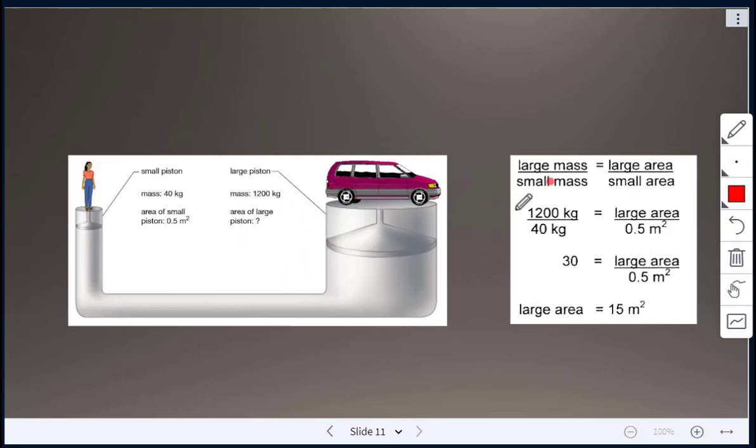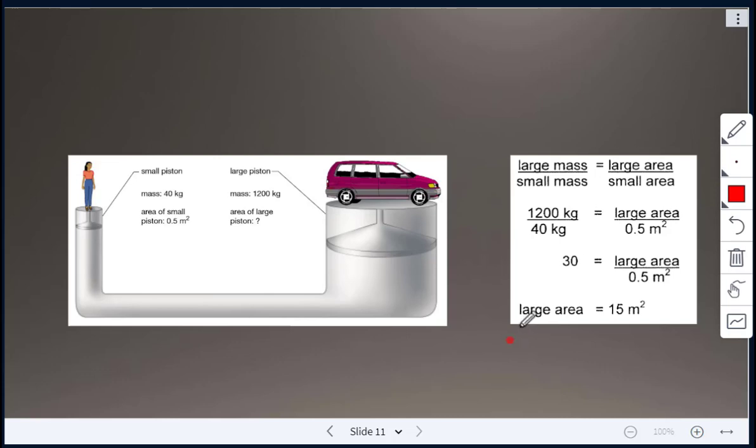So we can set up our ratio here. 1200 kilograms is equal to large area, or X, that's what we're trying to figure out. 40 kilograms is equal to 0.5 meters squared. So it's set up like a ratio, and now we just have to solve for large area. You can do that with cross multiplication. You multiply the two numbers that are diagonal, and then divide by 40 kilograms.